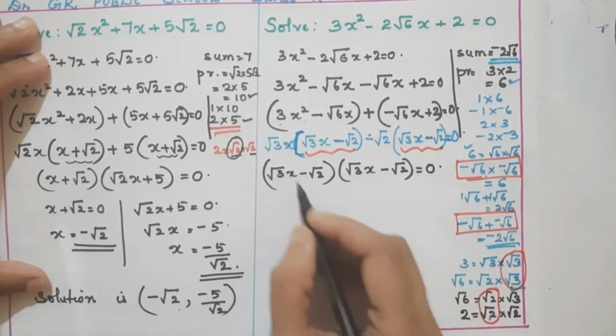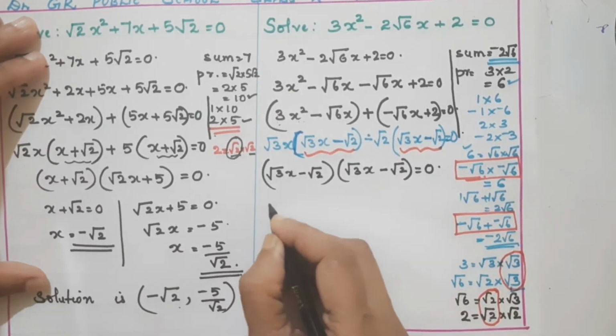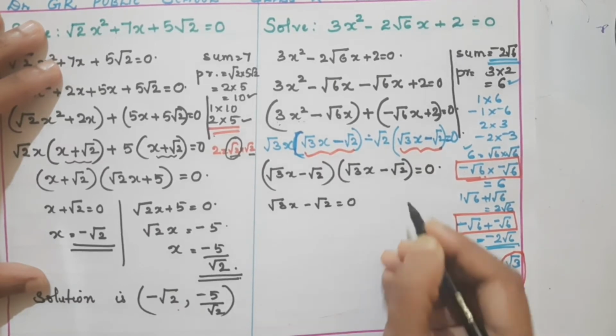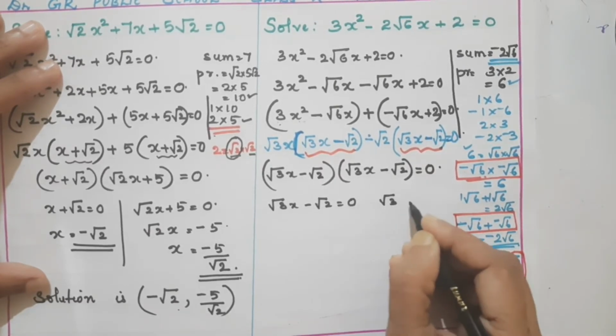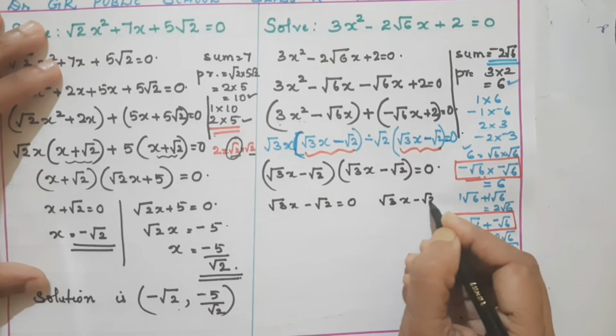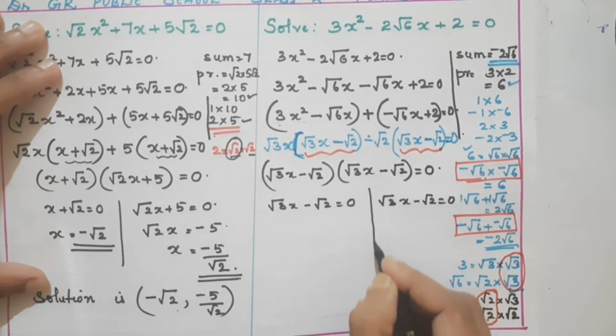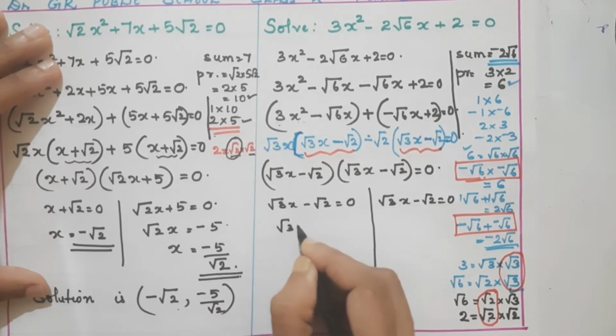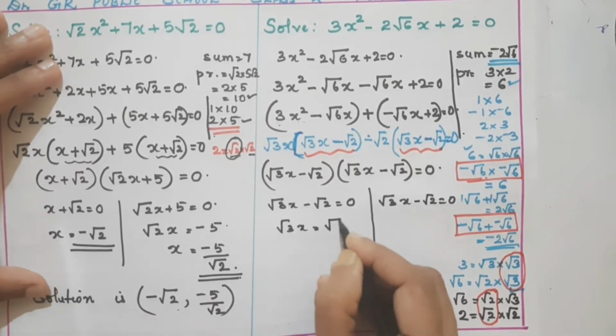Okay. So we can equate each one. Root 3x minus root 2 equal to 0. Root 3x minus root 2 equal to 0. Okay. Now root 3x is equal to root 2.